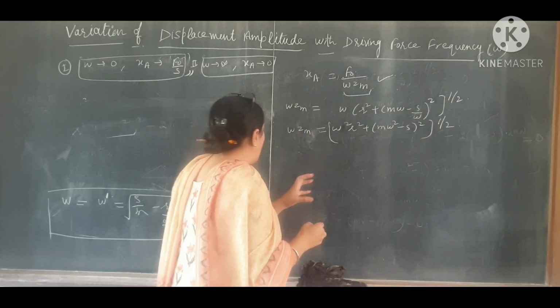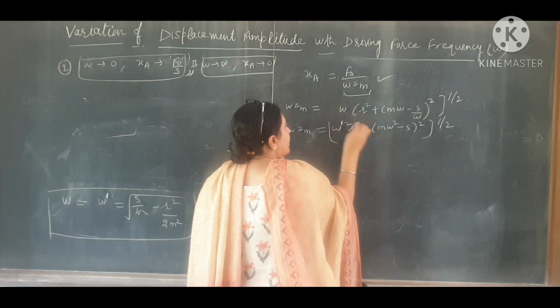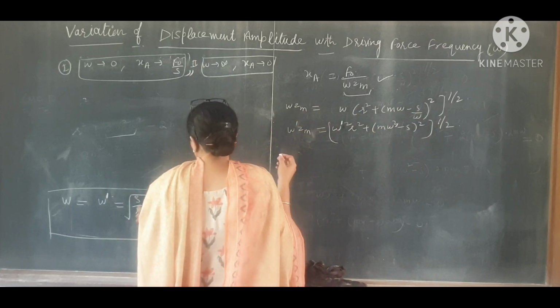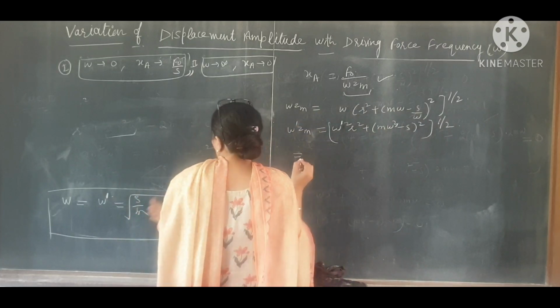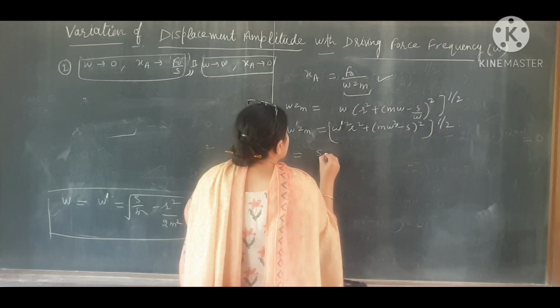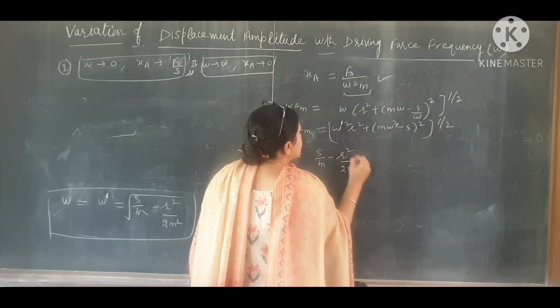Now omega is equal to omega dash, so put omega dash here, and here also. Omega dash square is s over m minus r square over 2 m square.